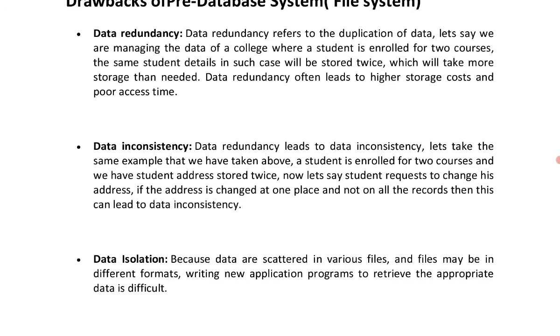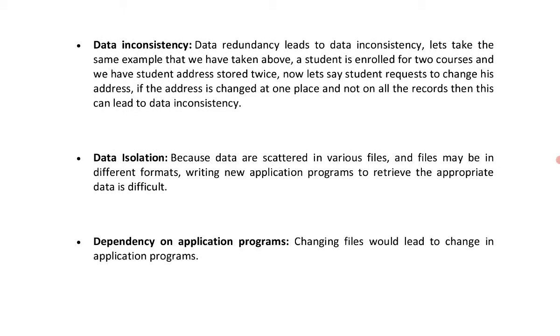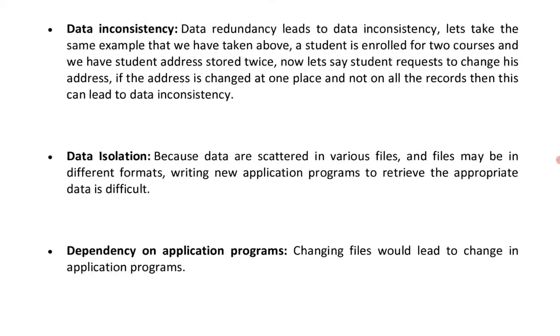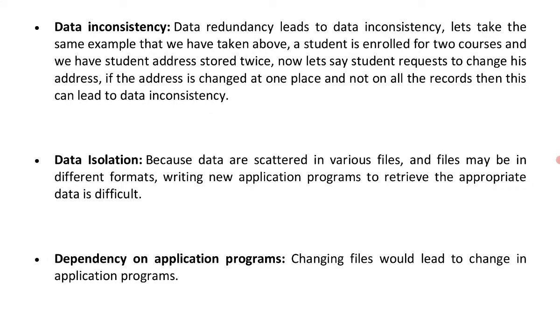And data inconsistency. Inconsistency means incompletion of data. Means the data or information in the file based system or in the previous databases is inconsistent. It may lead to inconsistency due to redundancy. Means incomplete, not properly connected, not accurate and not fulfilled.